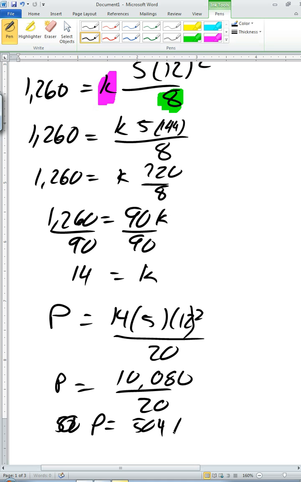And I think our label on this is pounds. 504 pounds. Okay. And that's just like we talked about before. We're working with the inverse side of this. So as our length went up to 20, we expected our answer to go down because they're inversely related that way.